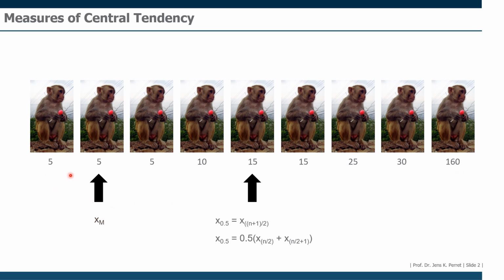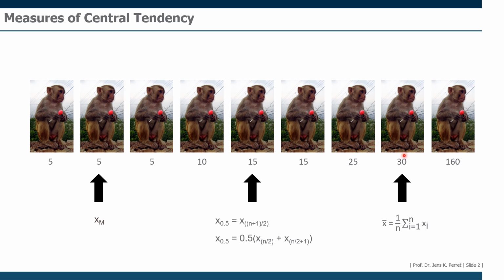So here, if we add this up, 15, 25, 55, 80, 110, 270. 270 can easily be divided by 9 monkeys, giving us an average of 30.